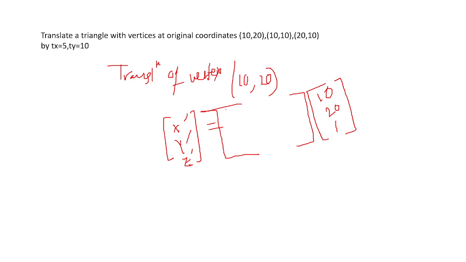So can you tell what will be the transformation matrix here? What should I put here as transformation matrix? See here, delta x is given as 5 and delta y is given as 10.